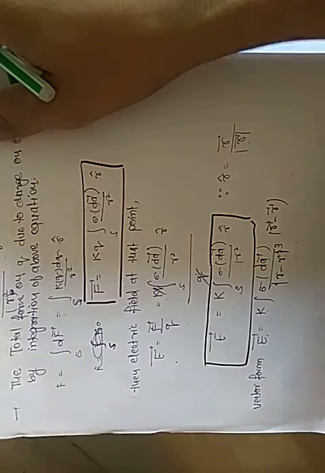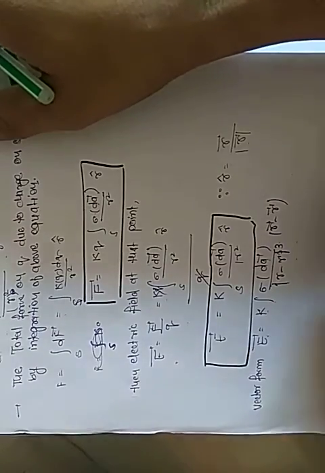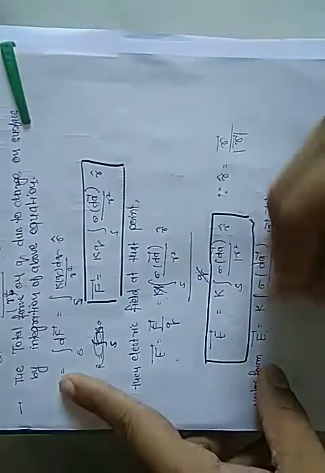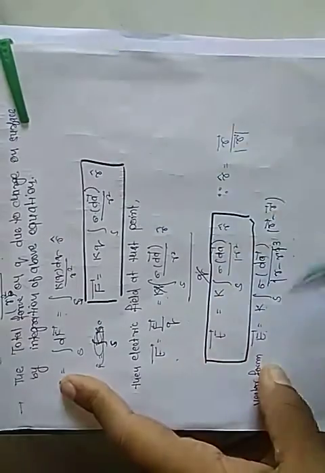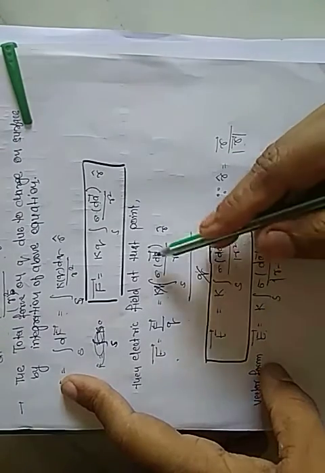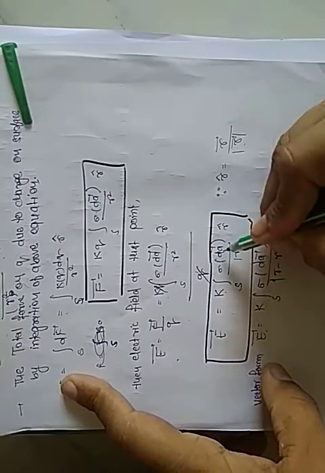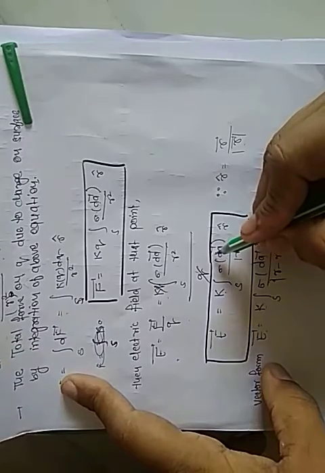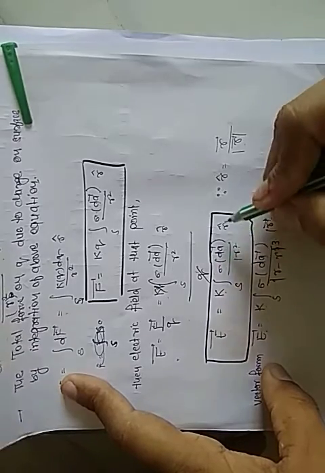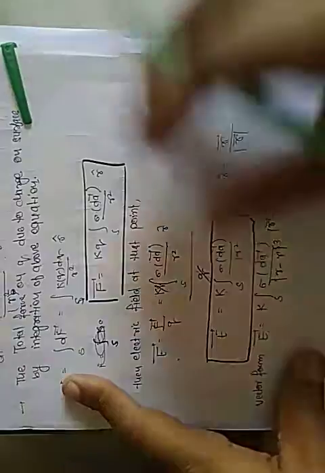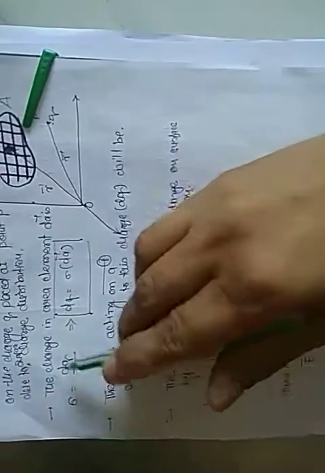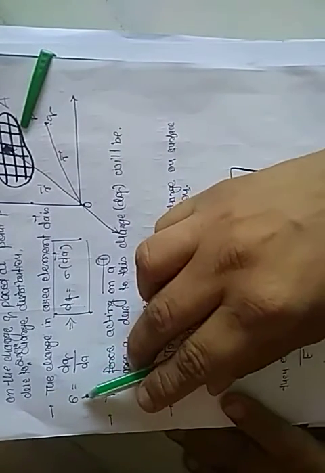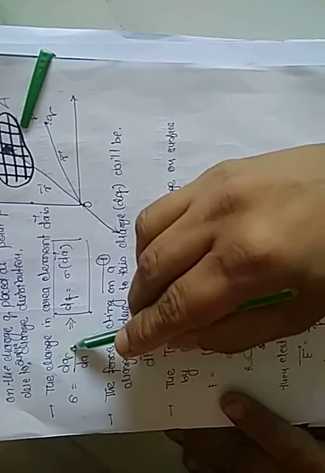Similarly, we are able to calculate electric field for volume charge. So what is the change here? K as it is. For dq we can put rho into delta V, upon r square and unit vector r. Similarly, in the same fashion, first of all calculate dq. For volume charge we use rho, charge upon volume.